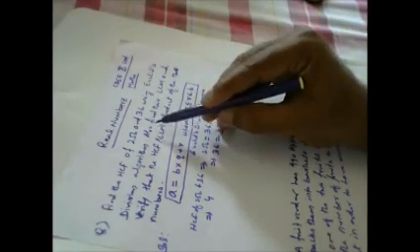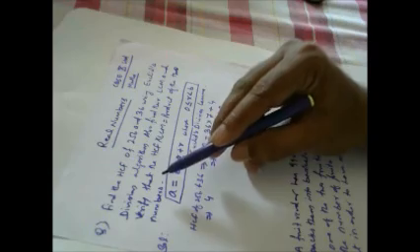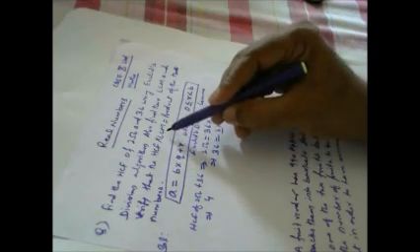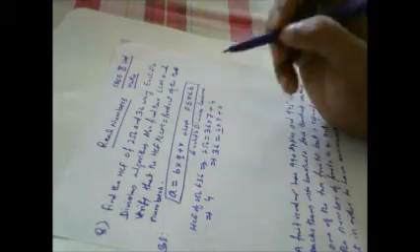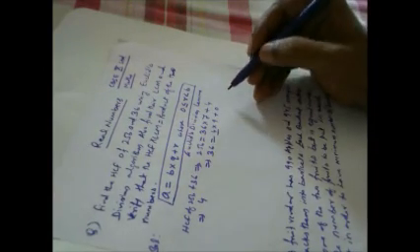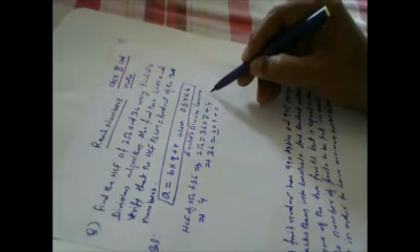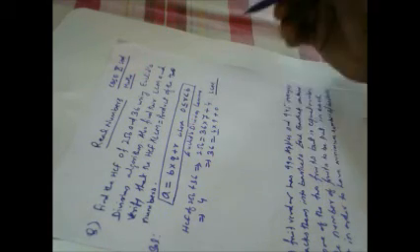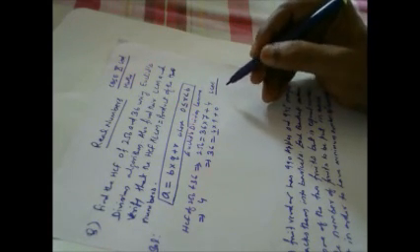Now the question also says to find their LCM and verify that HCF into LCM is equal to the product of the two numbers. Now we need to find the LCM. Let us go for factorization.